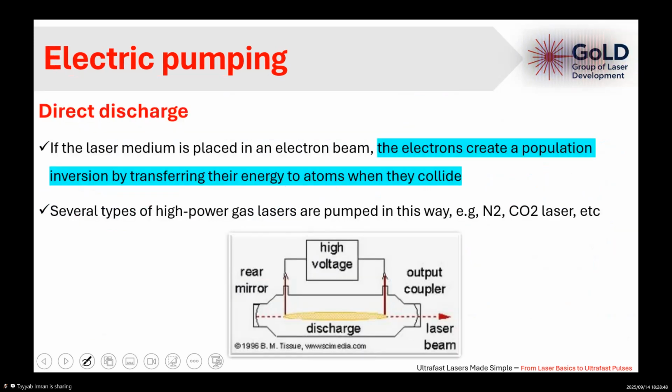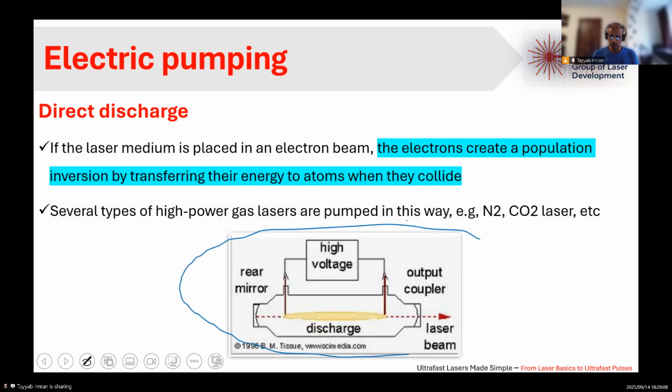Electric pumping. Simply electric discharge happens between the two electrodes inside the tube, and the tube has a gas enclosed, which is the laser medium. Okay, so here you can see one example.